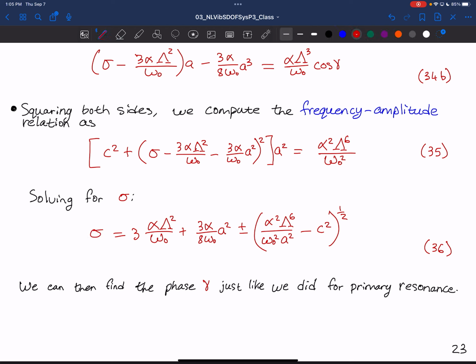And so once you know sigma, we can then solve for the phase just like we did previously before, using equation 34a.